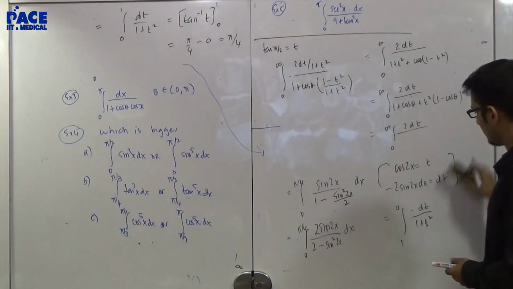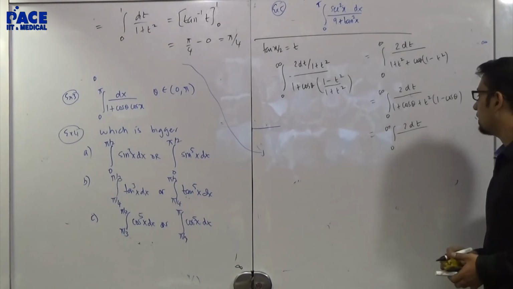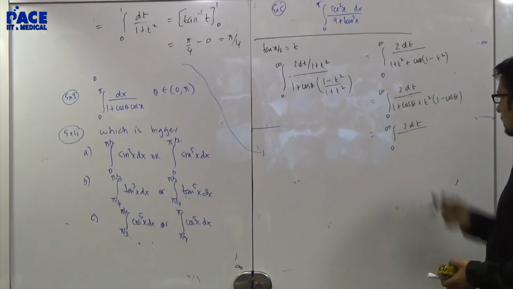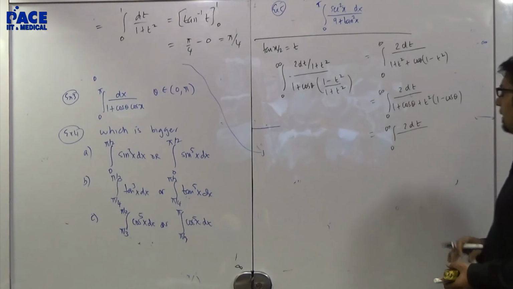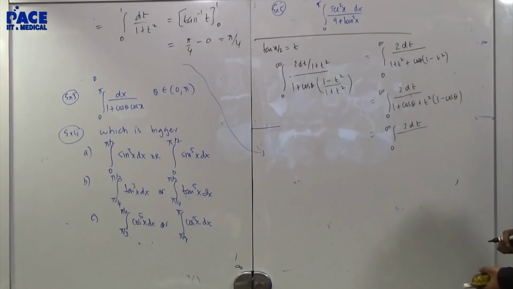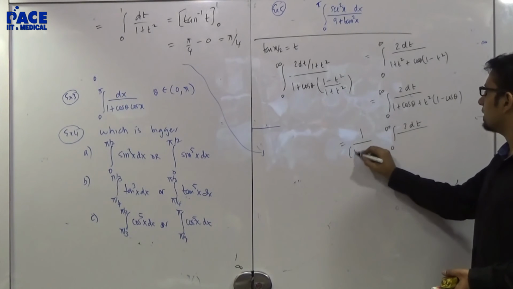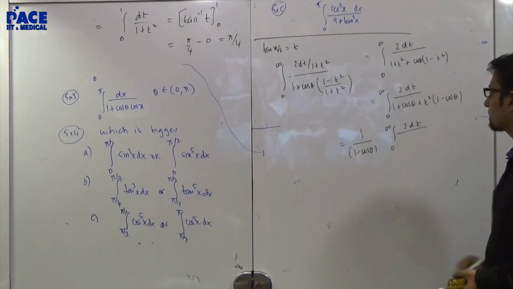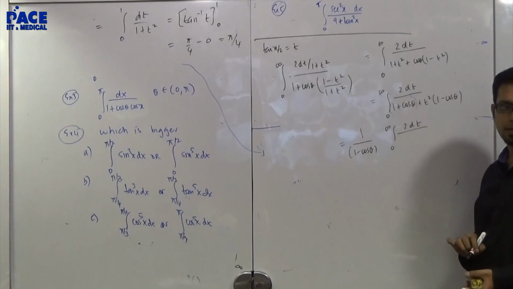Now what I'm going to do is this. We can take 1 minus cos theta से हम divide कर सकते हैं. Okay, divide this by 1 minus cos theta. You can take it common out. Because theta is a constant, right?